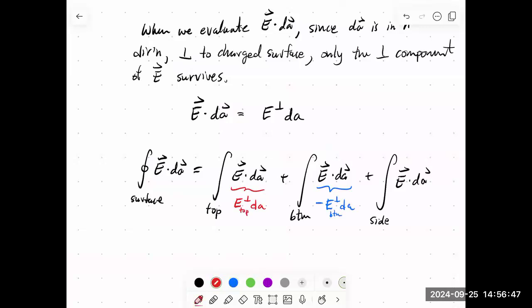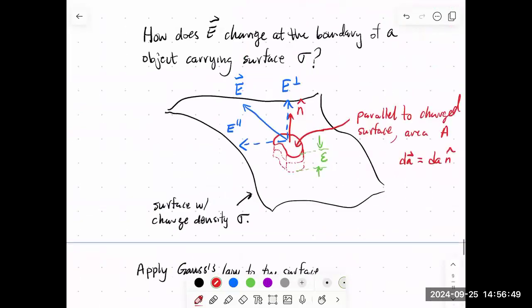Okay, now for the sides, we do have like E parallel pointing out here. And so if you did for some finite thickness, E dot dA for the side surface, that's non-zero. But what we're imagining is that we're very, very close to that charged surface. And when you're very close to the charged surface, this epsilon goes to zero.